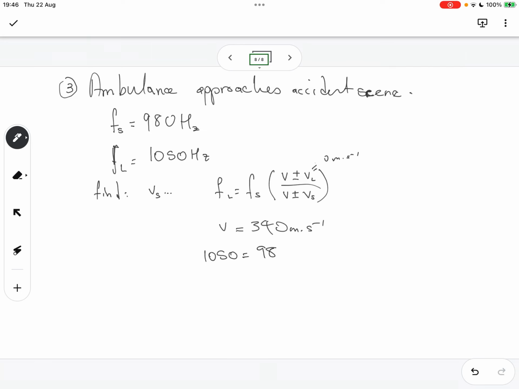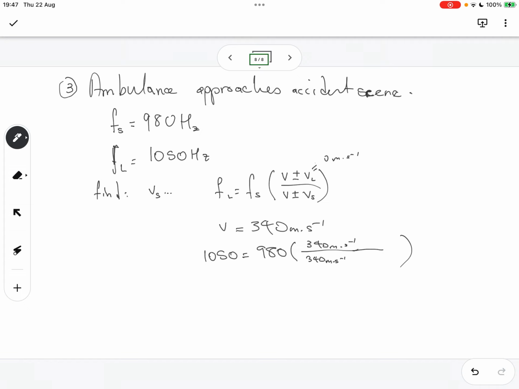That would mean 1050 over 980 would equal 340 meters per second divided by 340 meters per second. Okay, now we have to discuss, before we continue answering, do we use plus or minus? Let me start with the source.